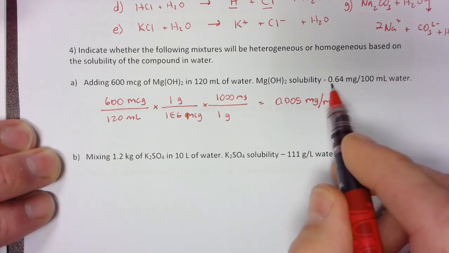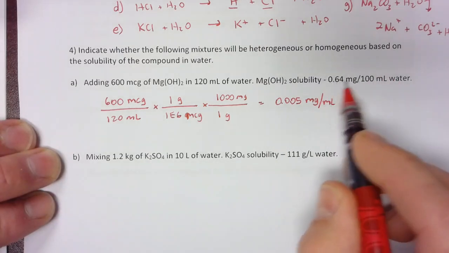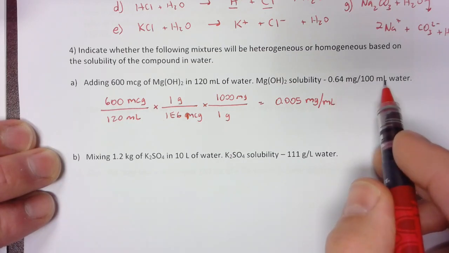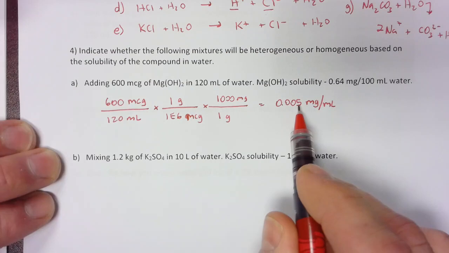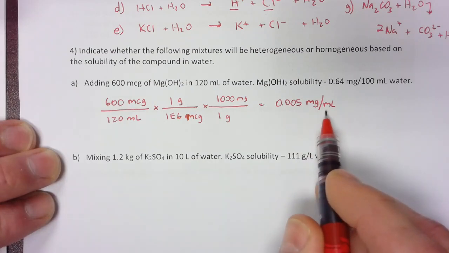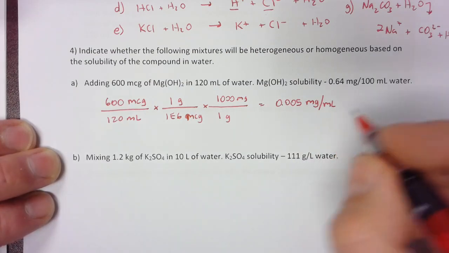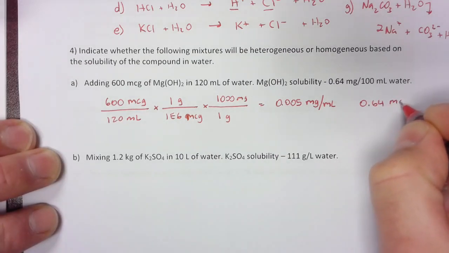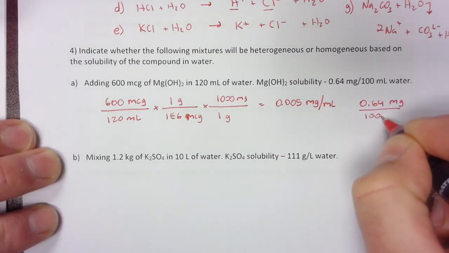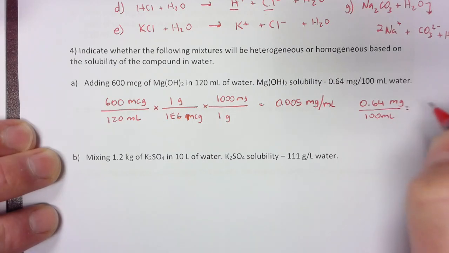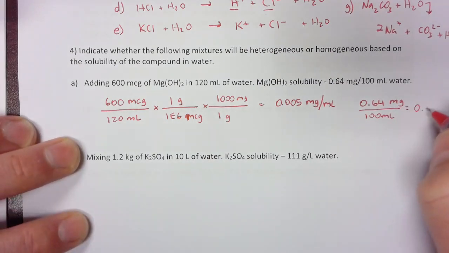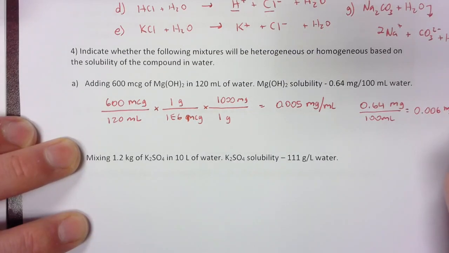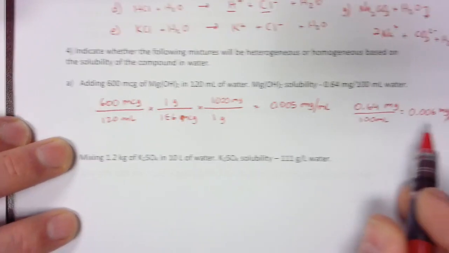Now we need to take this and figure out, this is 0.64 milligrams per 100 milliliters. We need to get it into milligrams per 1 milliliter. So we just simply divide it, and we get 0.006 milligrams per milliliter.